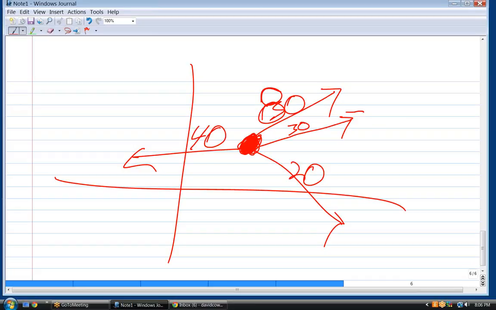And the way I would get that is I would break each of these first 3 vectors into their x and y components, and then add all 3 x components together, all 3 y components together, to get a net x component and a net y component, put it back into a vector to get this.